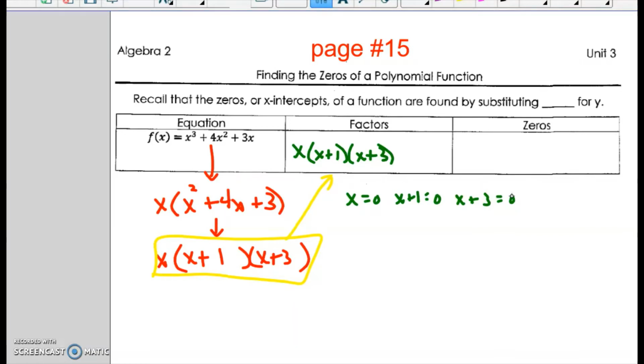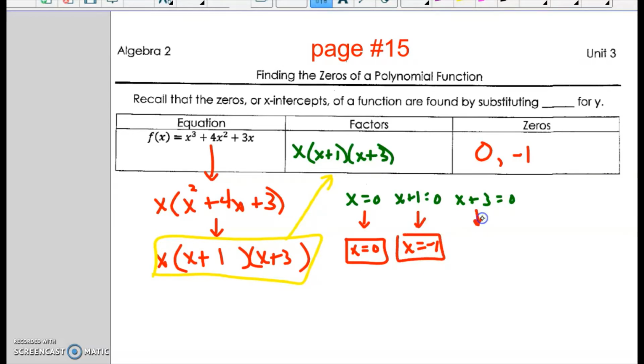Well, the first equation is done. That is x equals 0 is one of the answers. And then we have to solve the other two equations. So we end up with x equals -1. That's the second answer.